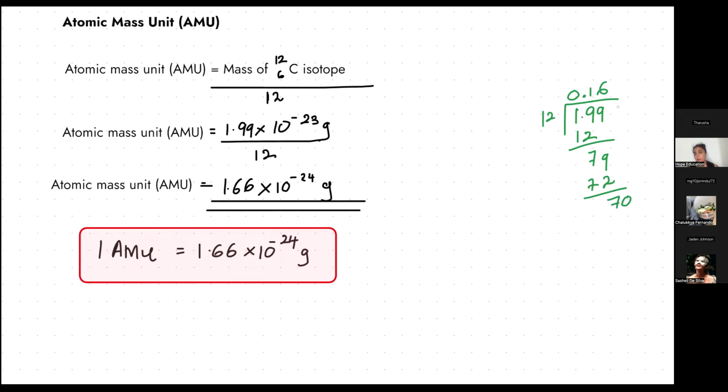Don't worry about it. Actually 1.66 is an approximation. When we simplify it we get 0.166, and we put the 10 to the power minus 23 there. This is the answer that I actually get.